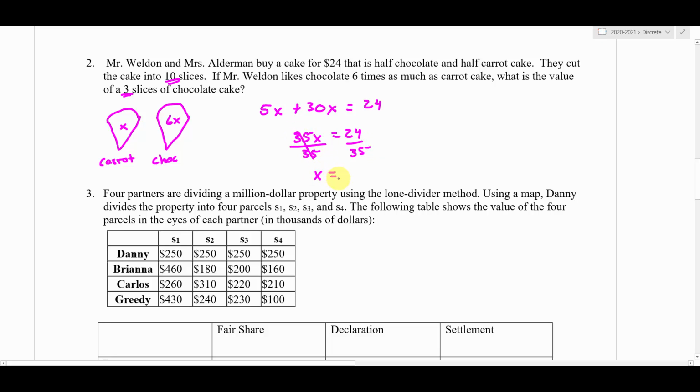35's cancel, and we get x equals the division of these two numbers, which is about 0.69, right? So about 69 cents. And remember, this is the cost.